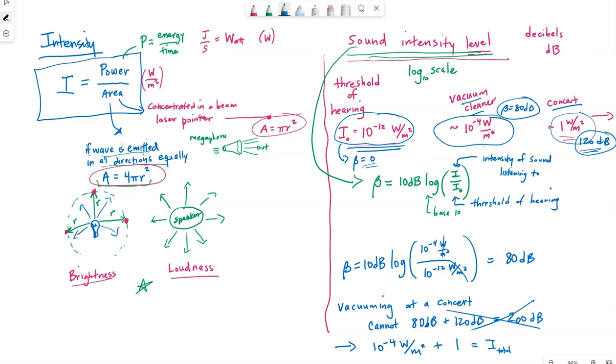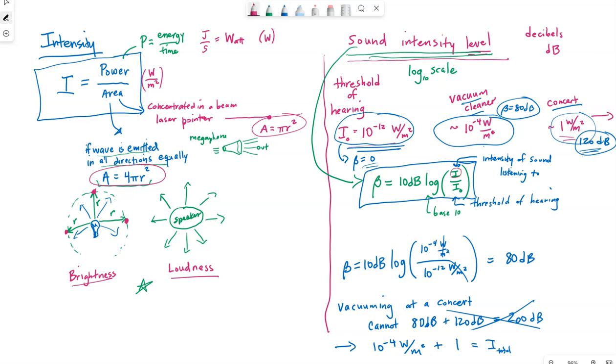And then, once we have this total intensity, we would come up to our equation and find the sound intensity level. So I'm going to put this I total in for I right here.